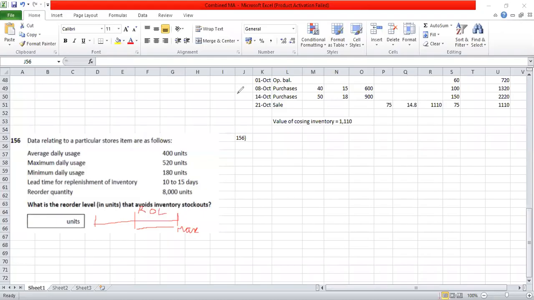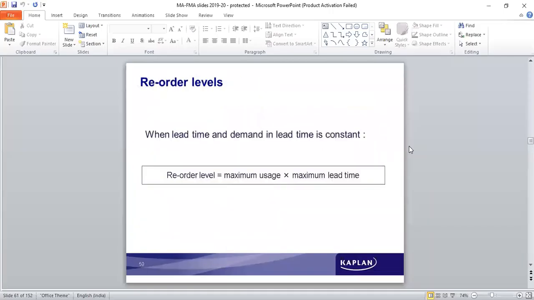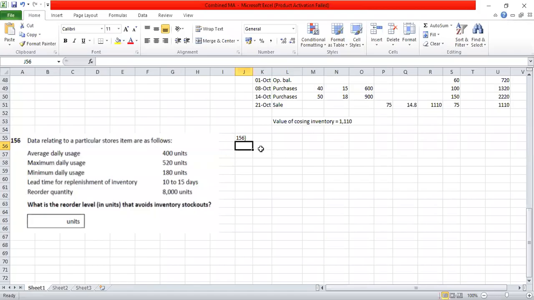Whatever is the maximum consumption, what is the maximum lead time? Maximum lead time into the maximum consumption. So take these two things and then multiply to find out what is reorder level. So let's calculate what is reorder level.